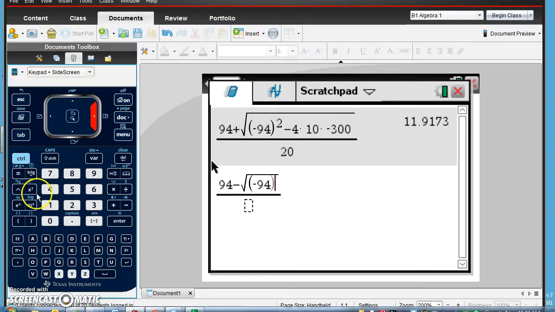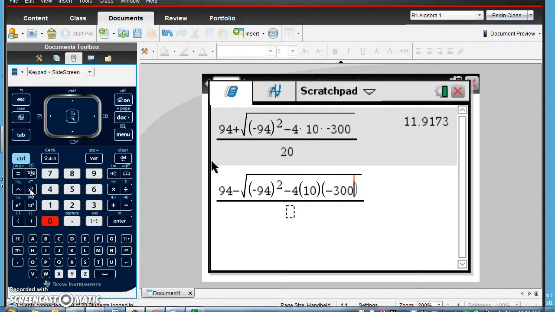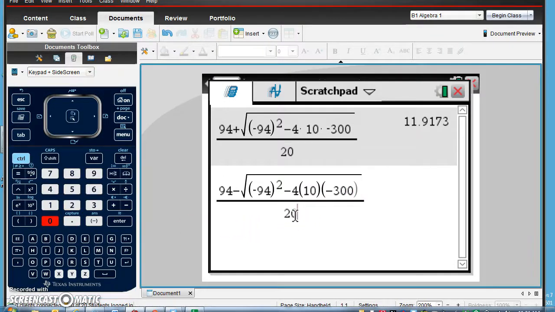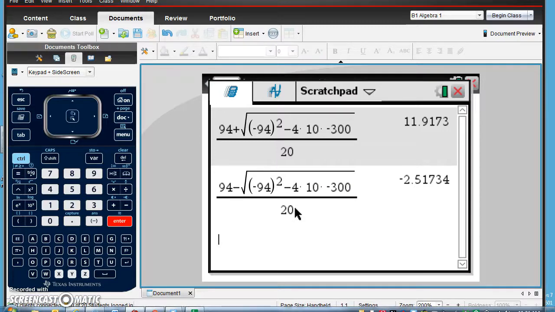We're going to square it by hitting that square button. Then minus 4 times 10 times negative 300. And it's going to, again, all be over 20. And then push enter. And this time we get a negative. You can see we get a negative answer right here.